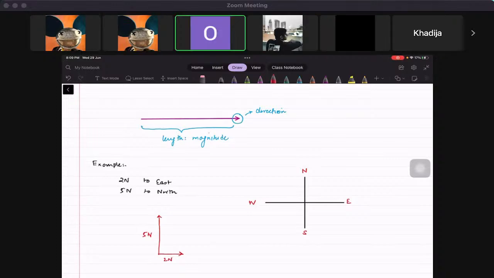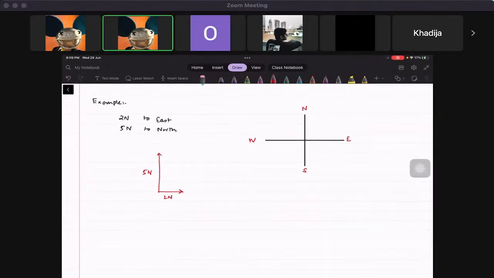Yes, sir. Good. Now, to solve vectors, we have three different methods. So the first method is called parallelogram. The second method is called vector triangle, and the third method is resolution.